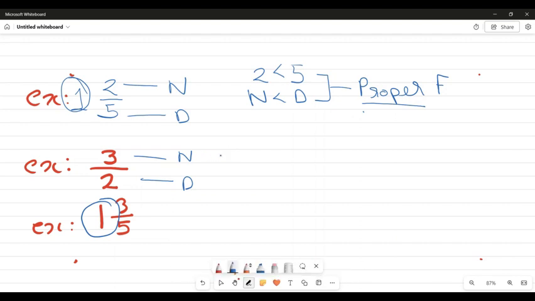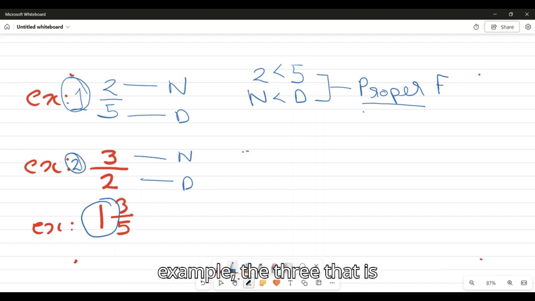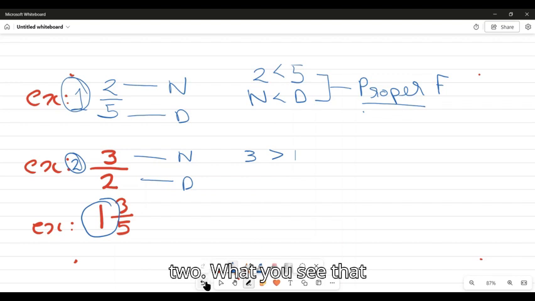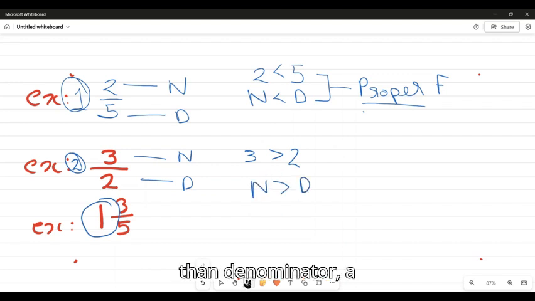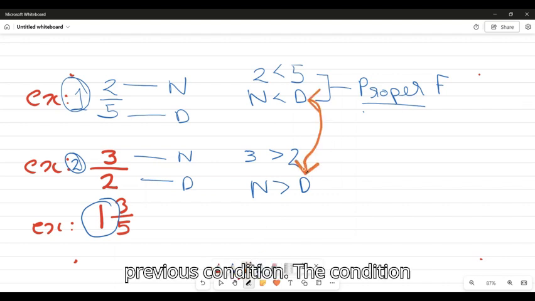While if we have the second example, the 3, that is the numerator, is greater than the denominator, that is going to be 2. So what we see that numerator is greater than denominator, a condition which is the reverse of the previous condition.